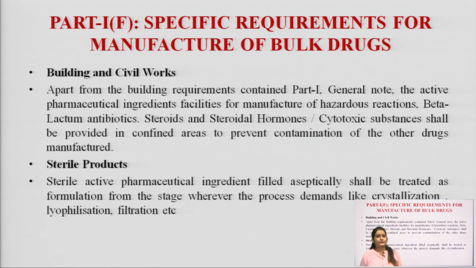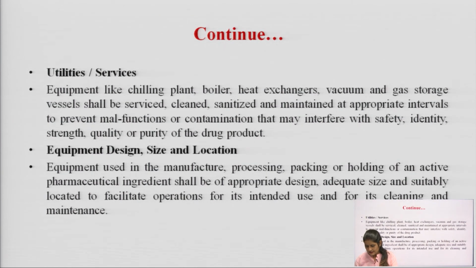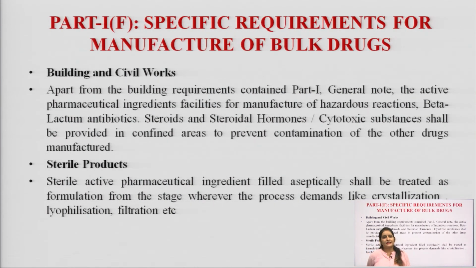Part F, specific requirements for manufacturing of bulk drugs. Basically, the building and civil works are the general requirements. Apart from the building requirements contained in part 1, as we have also discussed building and premises in the part 1 portion of GMP, here some specific requirements are also given for manufacturing of bulk drugs like steroids, steroidal hormones, some hazardous substances, beta-lactam antibiotics.